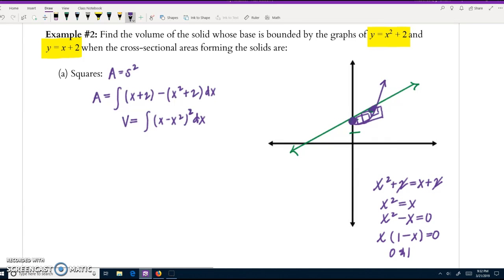So my area is just a two-dimensional piece, and then I integrate from 2 dimensions to get to my volume in 3 dimensions. My integration bounds here would go from 0 to 1 because my intersection points of the graph go from 0 to 1. So that's my volume integral here. And again, if you wanted to keep it fully separate so you could see the setup without eliminating the 2's, you could certainly do that as well.